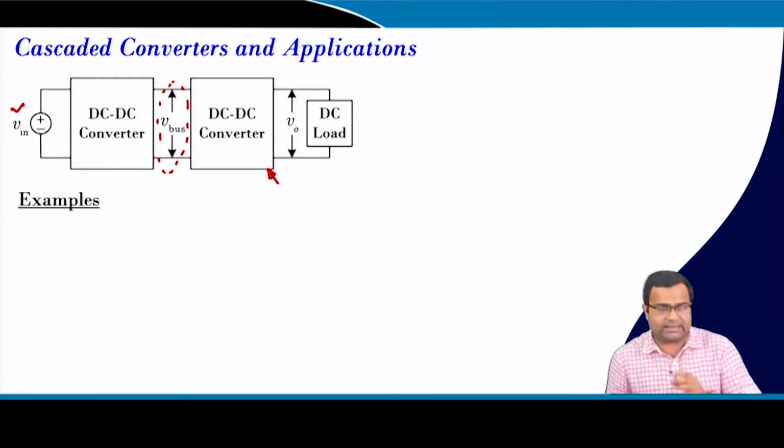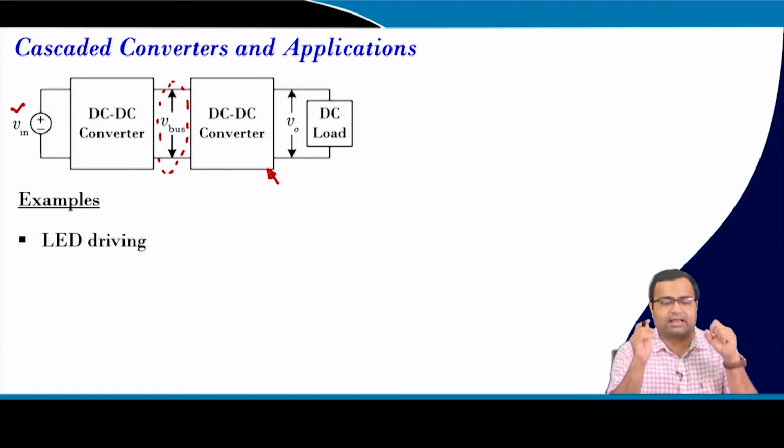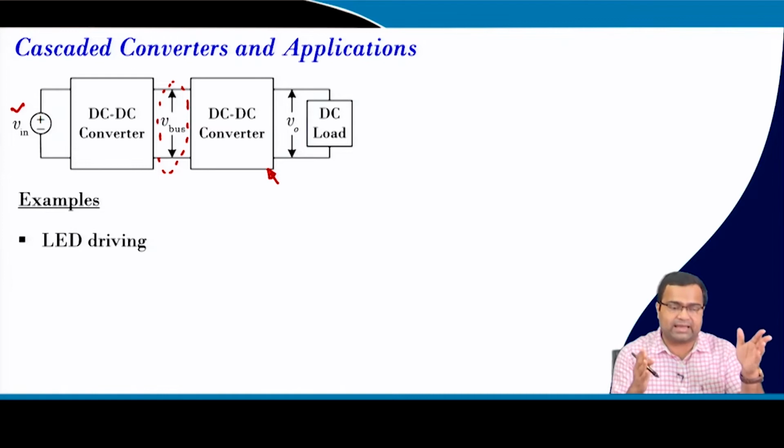Okay, I want to give an example. If you take automotive LED driving, in general it has a 12 volt battery, and then you need to drive multiple LED loads, because most of the recent cars are coming up with LED lighting systems, which include headlight, tail light, fog light, and various other lights, and they have different voltage ranges.